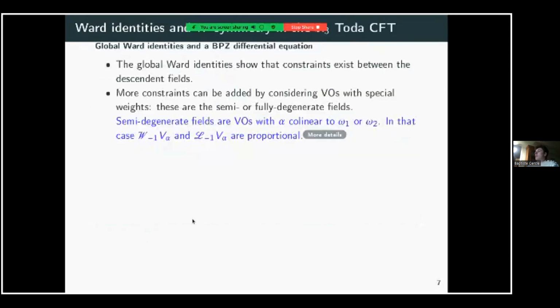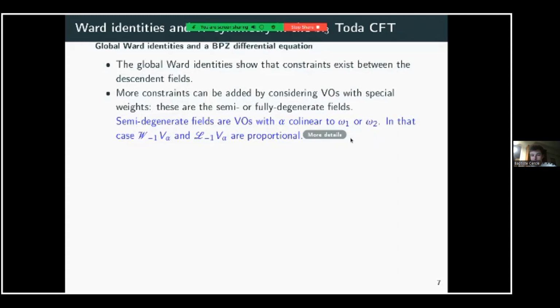You can also add more constraints on the fields by considering vertex operators with special weights. For instance, if you assume that the weight of your vertex operator V alpha is in some very special direction of the space, then actually you can relate the W-1 descendant and L-1 descendant.